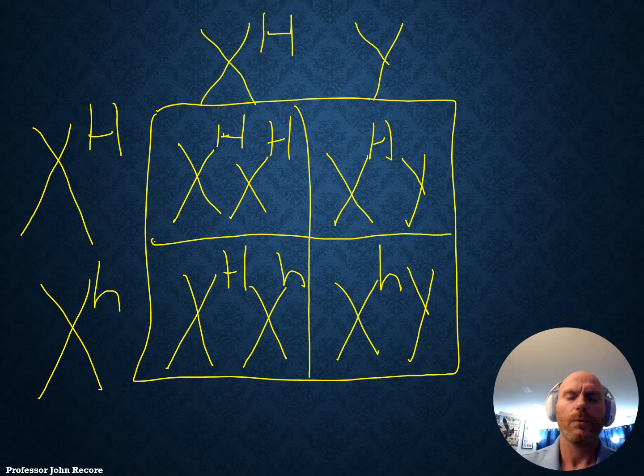So what is our genotype ratio? We have one female completely unaffected. Below that, we have one female carrier. Then we have one male unaffected, and we have one male affected.